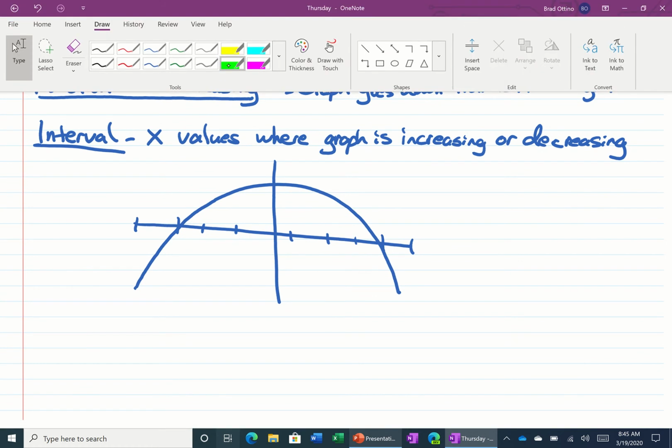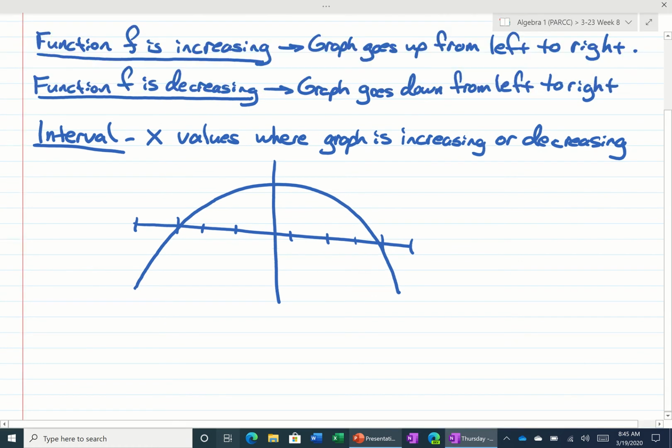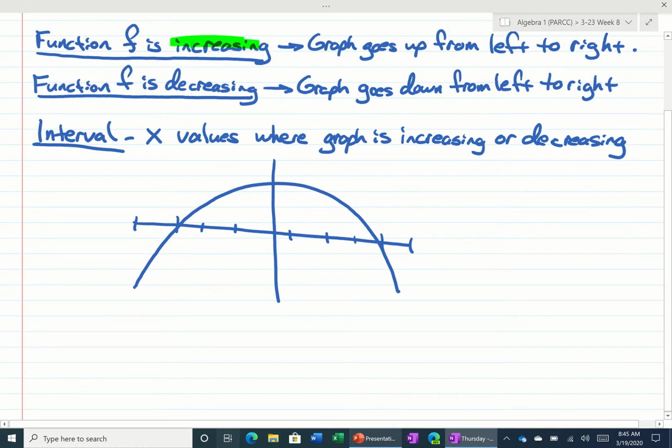I would say that the graph is increasing whenever the graph is going up from left to right. So it looks like the graph from here to here is going up. From left to right it's going up.